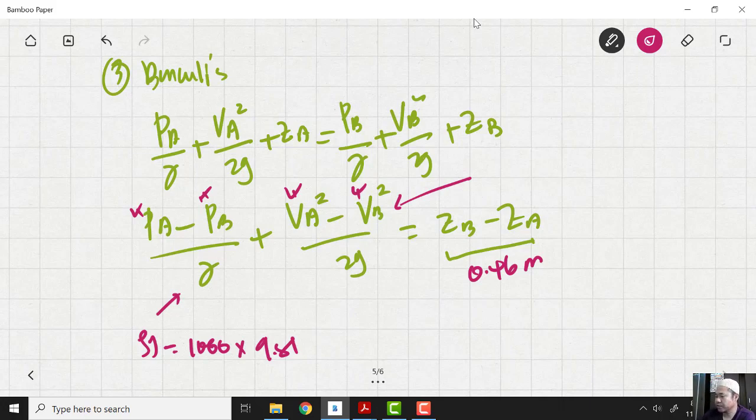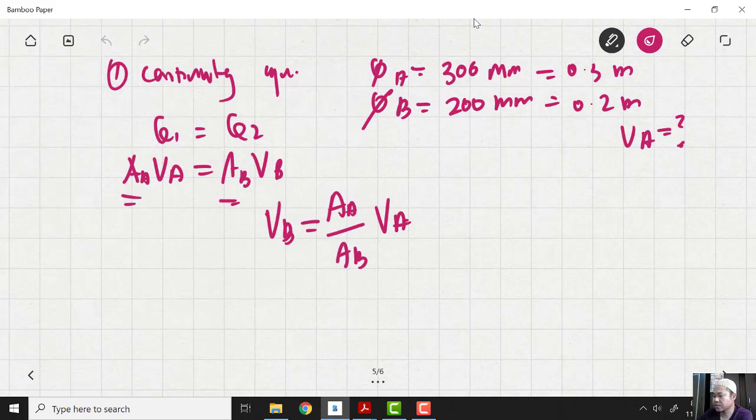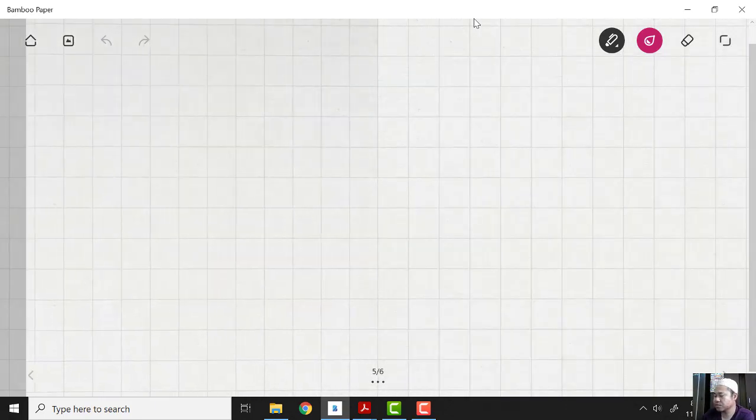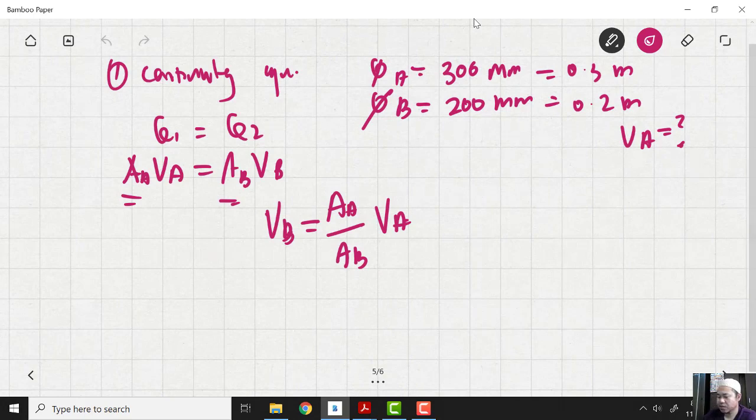Now we are already done with this part. So let's substitute the equation inside the Bernoulli equation.